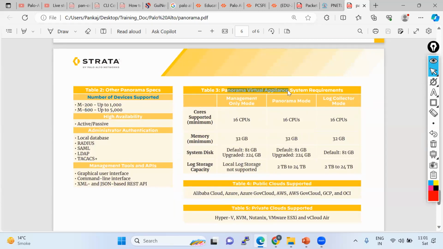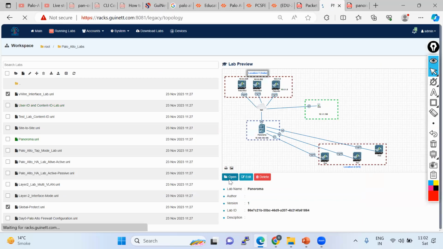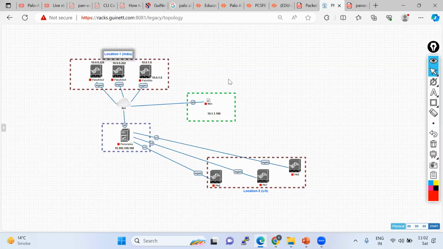So not an application. When I check in the dashboard, it's showing some virtual Panorama, right? Yes, in our lab scenario, you can see it's virtual. It's not an application, it's a firewall. Think about it as a firewall, but they have a different way of working. Got it. Thank you, sir.